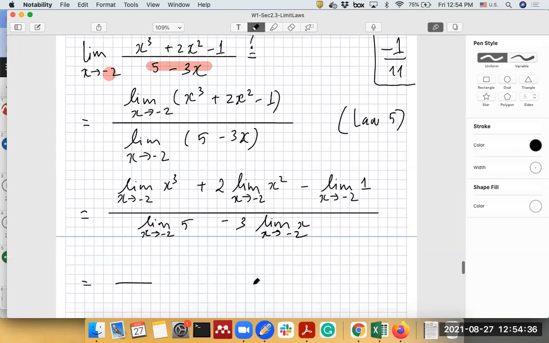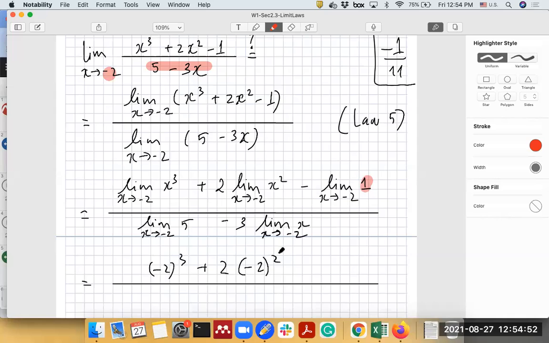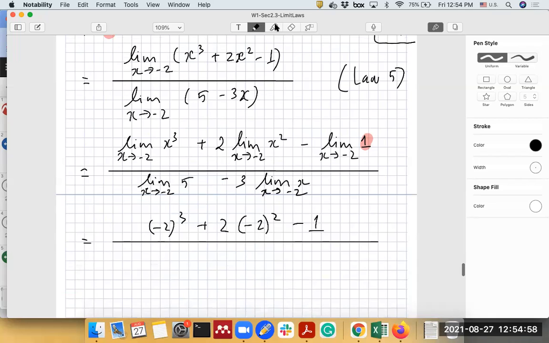Thank you. -2 cubed gives us -8, and here 2 times -2 squared. Good job. And here the limit of a constant will be itself. Very good. And here, good job.